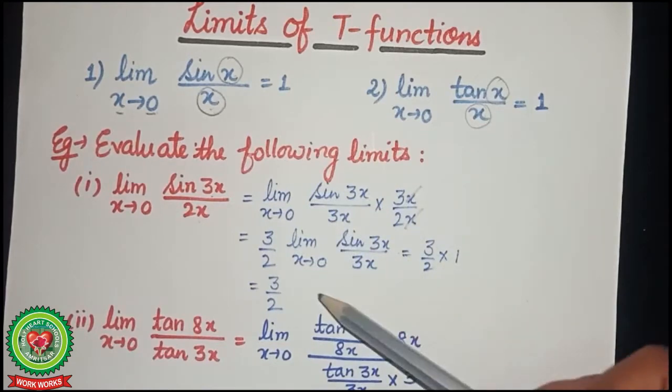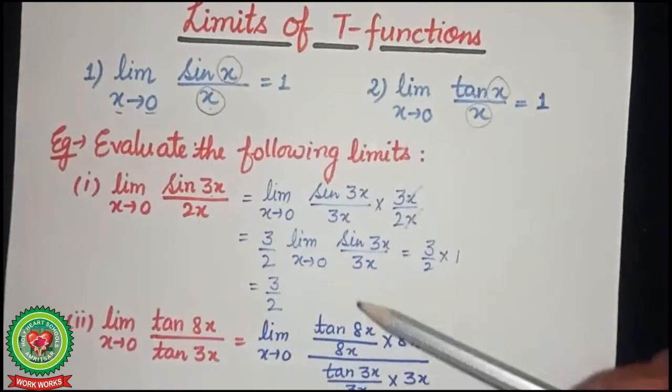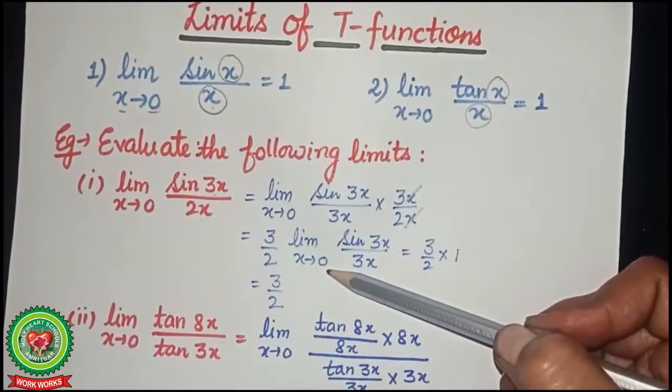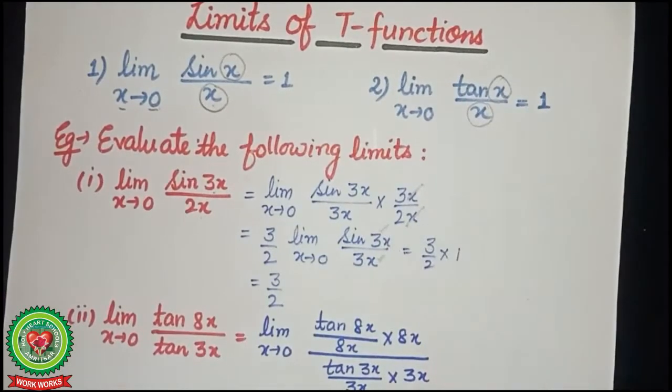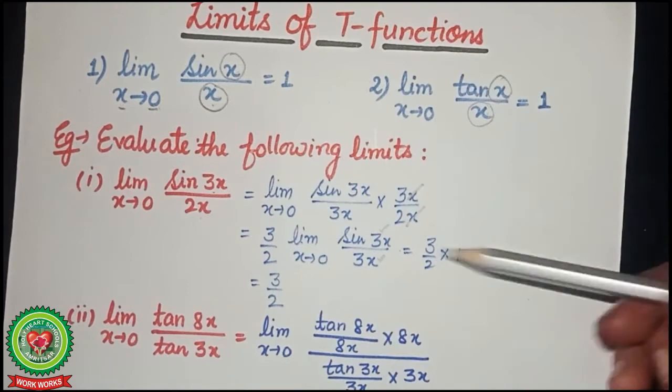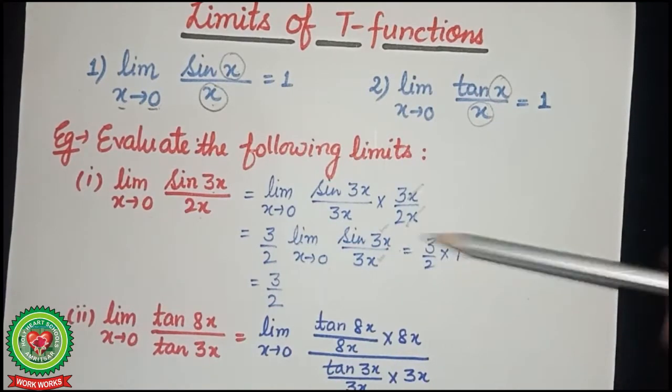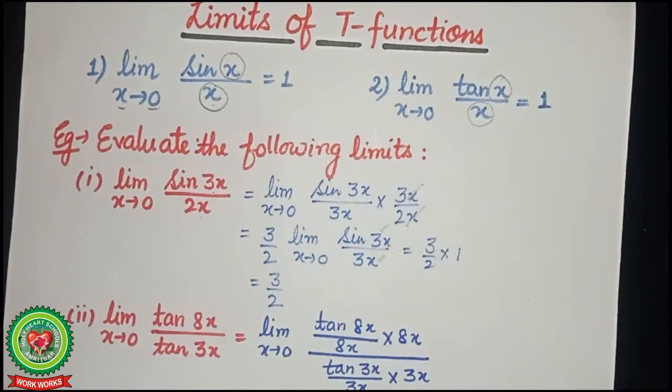Now you can see it is in the same form, x is approaching 0 and the terms in sin 3x upon 3x are the same. So its limit will be 1. So the answer is 3 by 2 into 1, that is equal to 3 by 2.